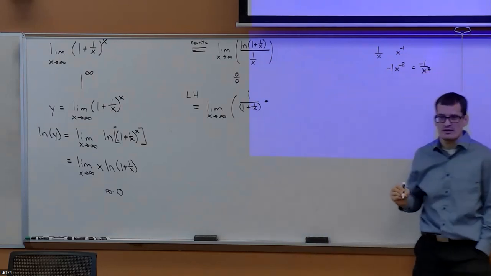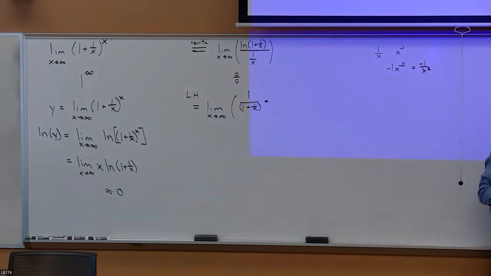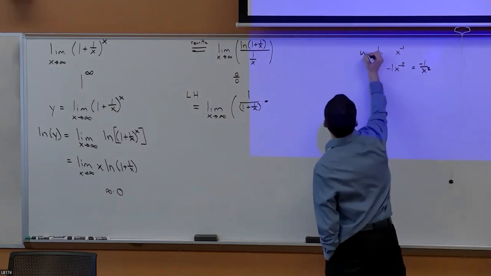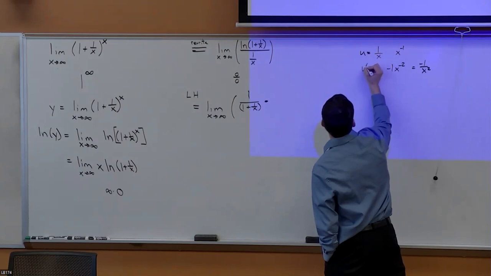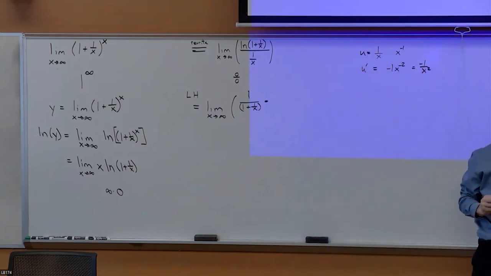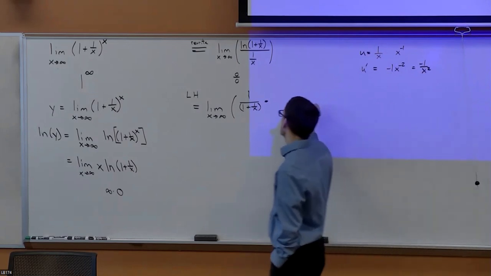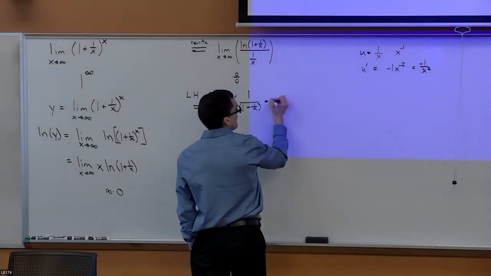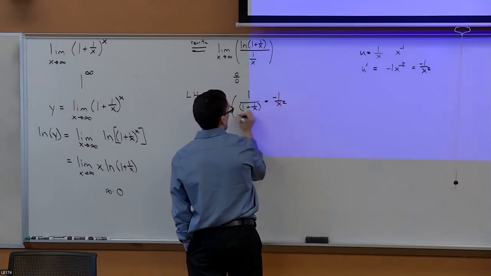Is that okay? So if u is 1 over x, u prime is negative 1 over x squared. So I'm going to write that as negative 1 over x squared.